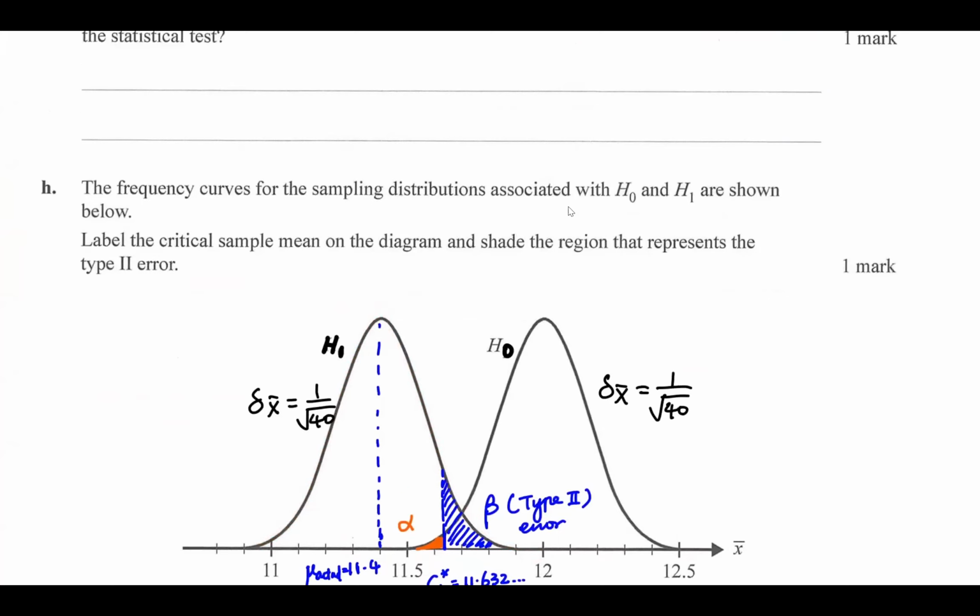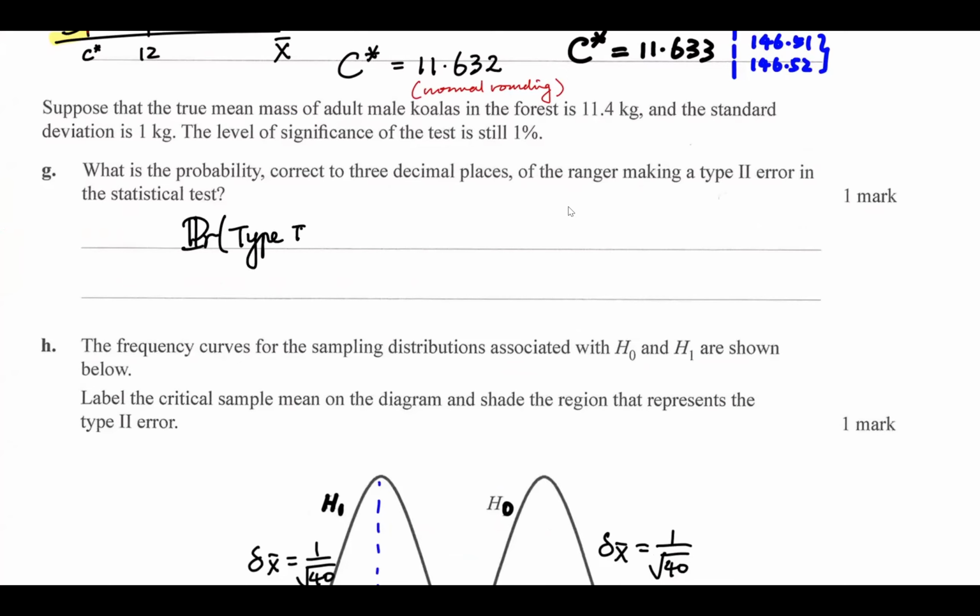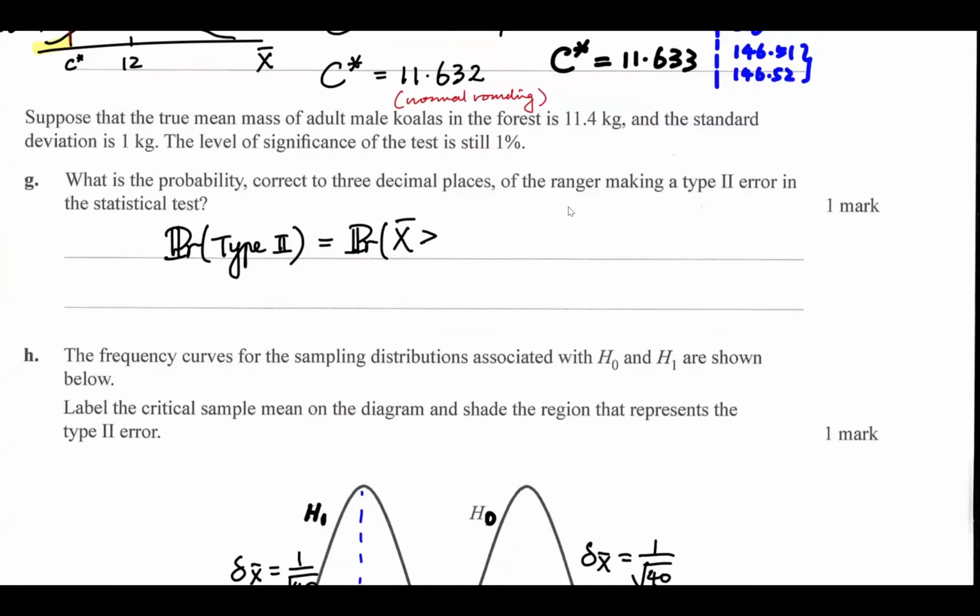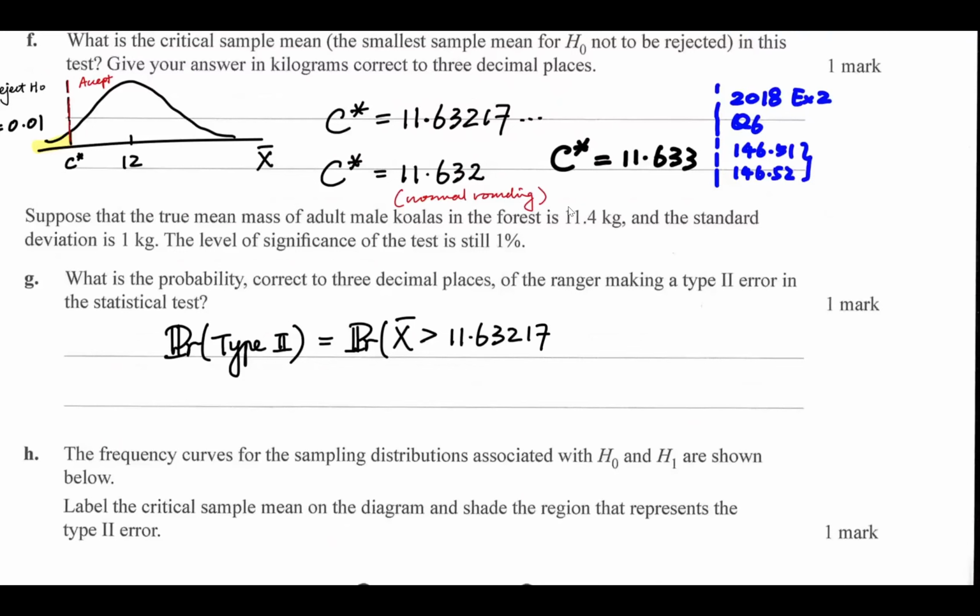So the probability of type 2 error equals the probability of X bar greater than the opposite of the previous range, 11.63217, given that mu is actually now 11.4. Sigma X bar is 1 out of square root of 40. Actually, to ensure the maximum accuracy, I quoted all digits, the unrounded value.